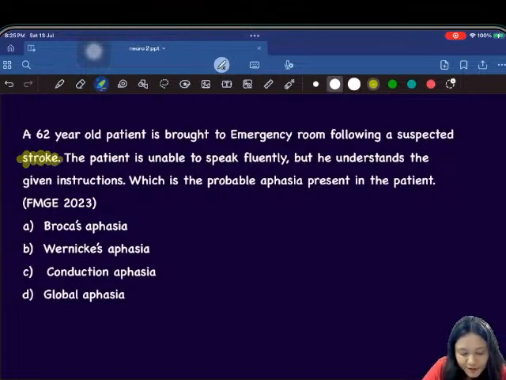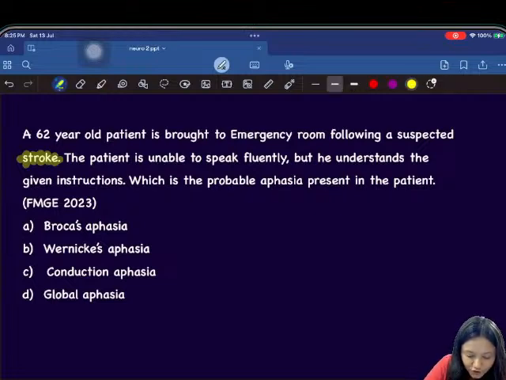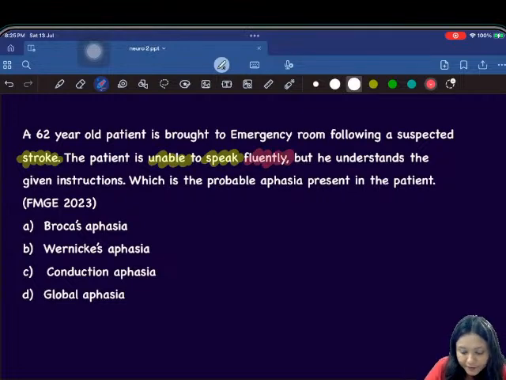The patient is unable to speak fluently, but he understands the given instruction. What is the probable aphasia in the patient? Whether it is Broca's, Wernicke, conduction or global.